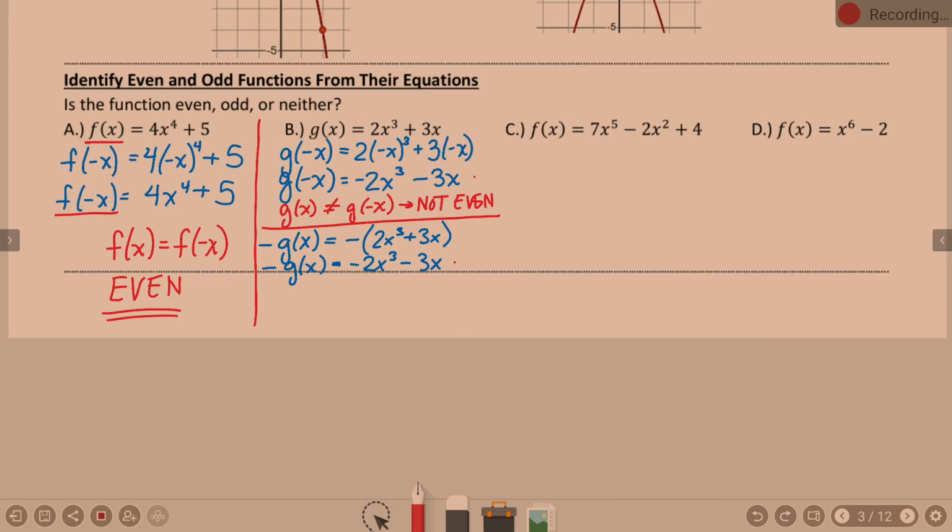This right here is the same as this right here. So I just discovered that g of negative x equals negative g of x. And so according to my chart up top, that means that this is odd. So this is an odd function.